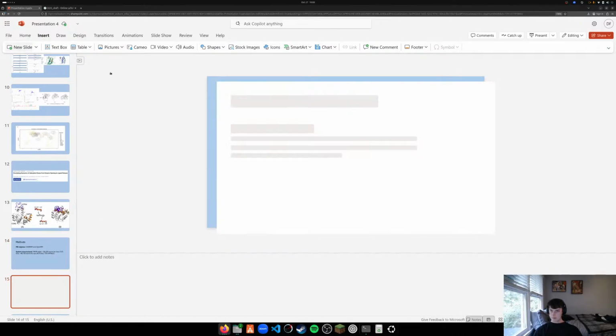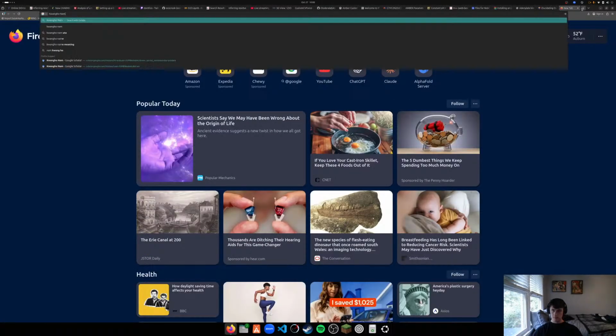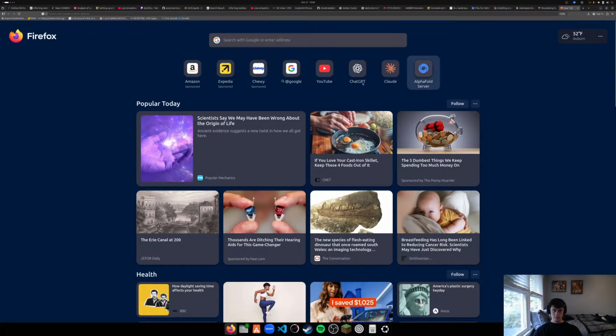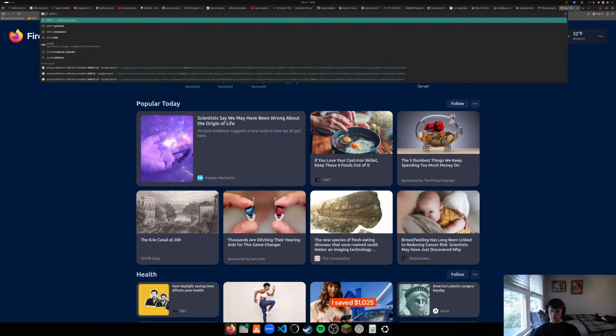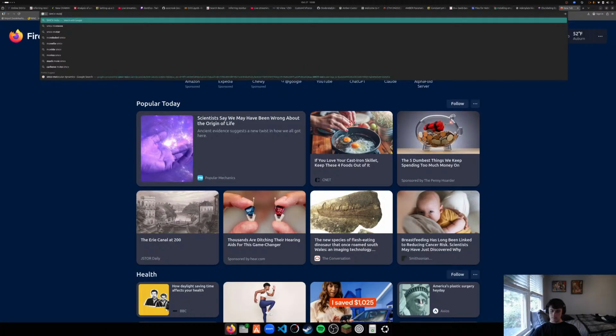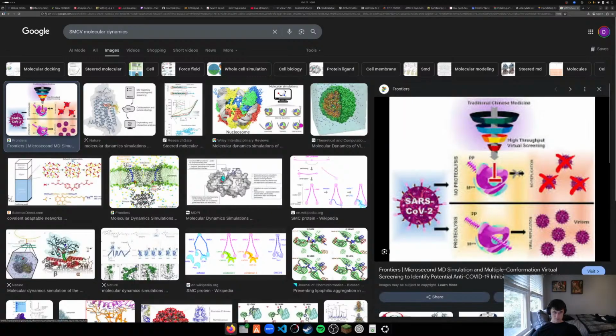So I should probably insert an SMCV molecular dynamics figure. Do they have a good representation of this?